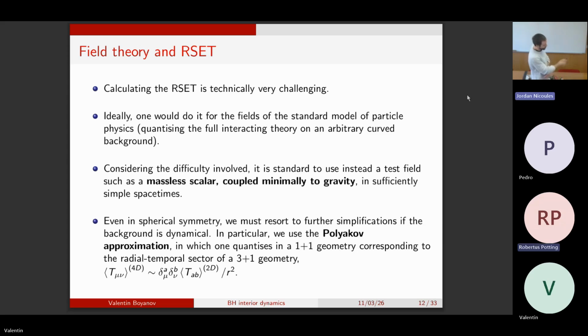Now, calculating the renormalized stress energy tensor is a very challenging task, and ideally we would want to do it for all of the fields of the standard model. So quantizing the full interacting theory in an arbitrary curved background, but with current techniques that's not really feasible. So what we typically resort to is performing calculations with test fields such as the massless scalar.